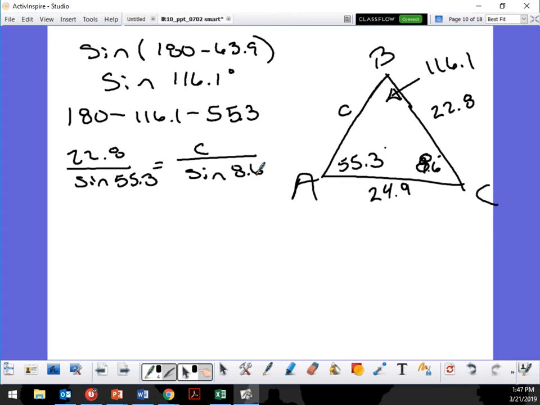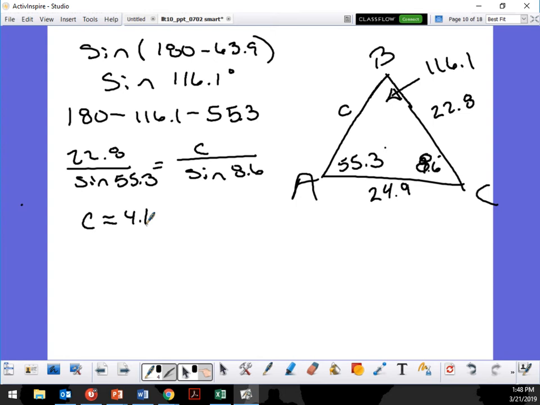So when we do the math, we're going to get c. So that one does work, doesn't it? So I can solve for this. I don't get it undefined anywhere.